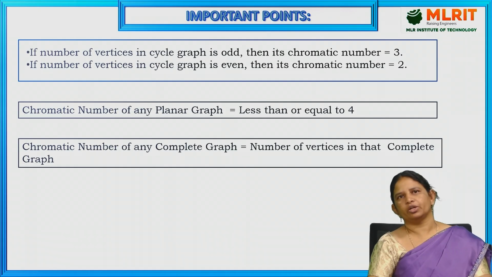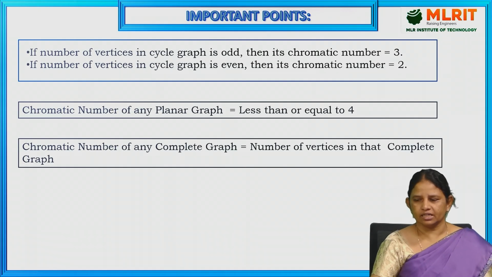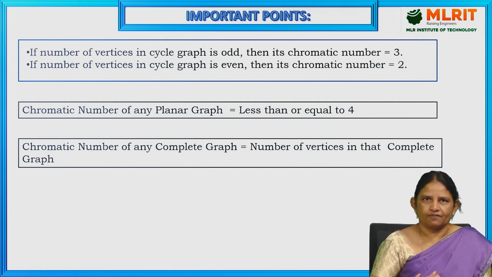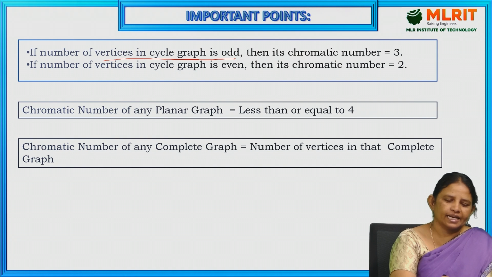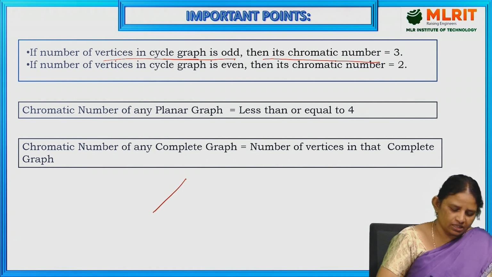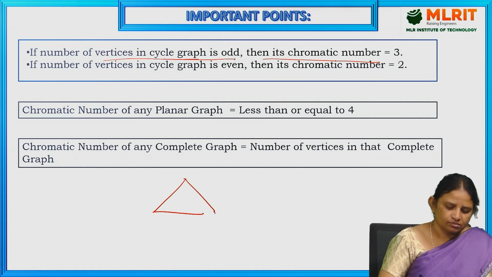So we need to remember some important points regarding graph coloring. In the case of a cycle graph, if the number of vertices is odd, then its chromatic number is 3. That means if you consider this cycle graph, how many vertices? An odd number of vertices.